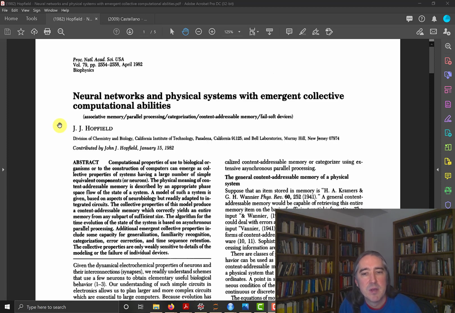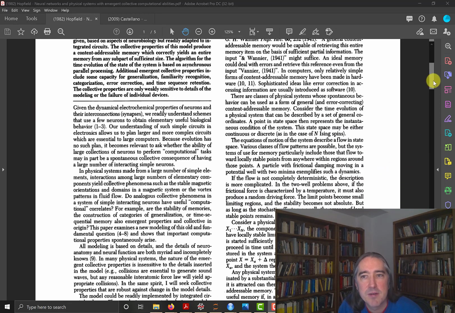So this becomes a model for how you can have a system that has many stable states, and those stable states can be modified over time in response to inputs. Let me just roll a little bit through this paper to give you some idea of what he's doing.